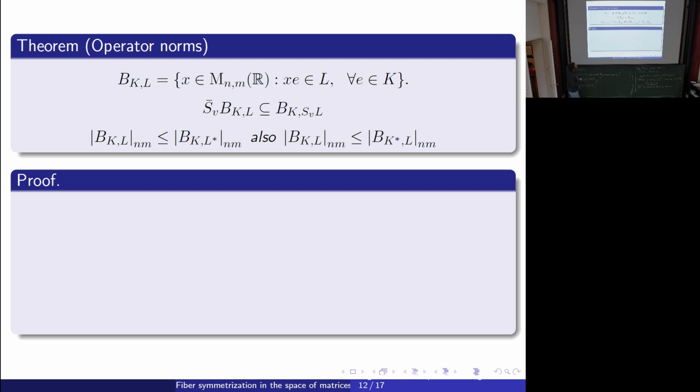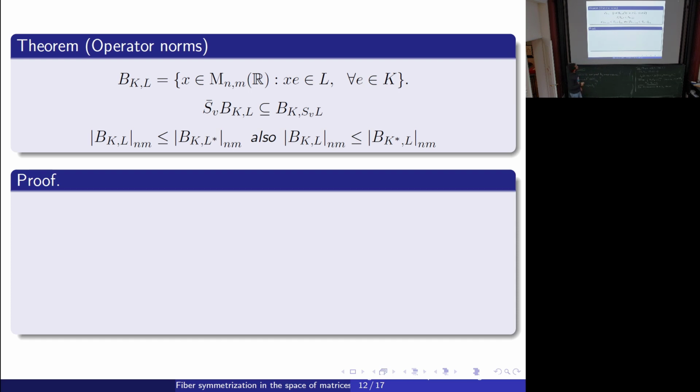So what you can prove very easily is that the fiber symmetrization of the operator norm ball of K and L is inside the operator ball of V and SVL, where SVL is the Steiner symmetrization. Remember that K and L are Rn and Rm dimensional, and so you symmetrize the arriving space in the usual way, and you get this inclusion.